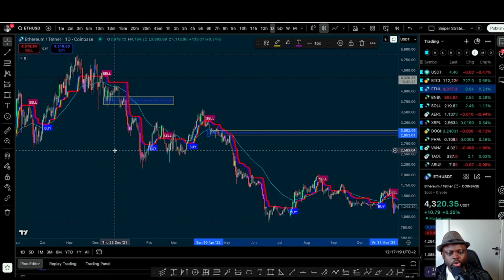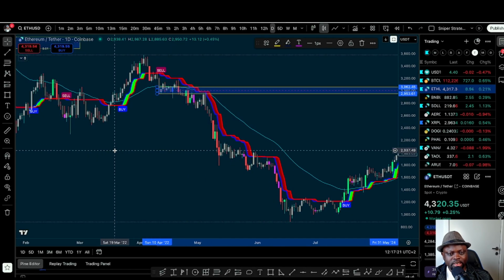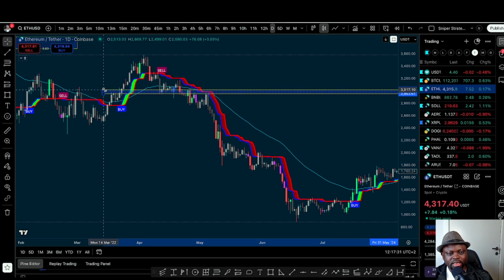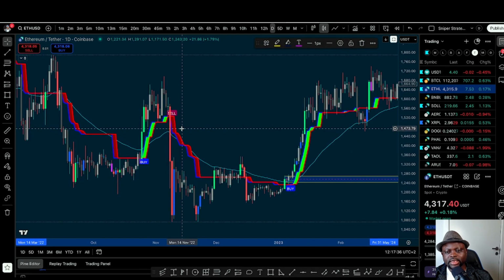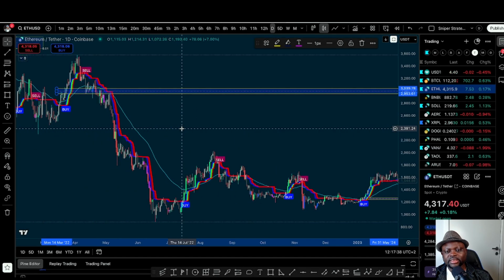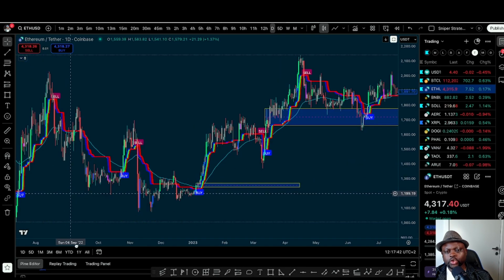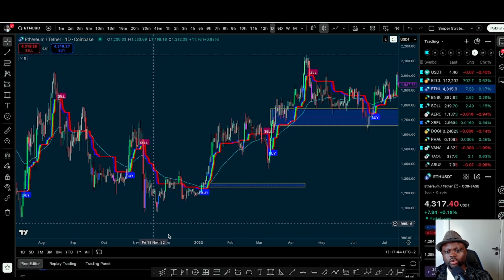Let me zoom out so you can see it properly. You can see this sell signal was created here, and also this buy signal was created here. So this was a crucial zone for the alpha trend. That's why in the future we saw price reacting the way price reacted in that area. So let's go back there so you can see what I'm trying to convey here.